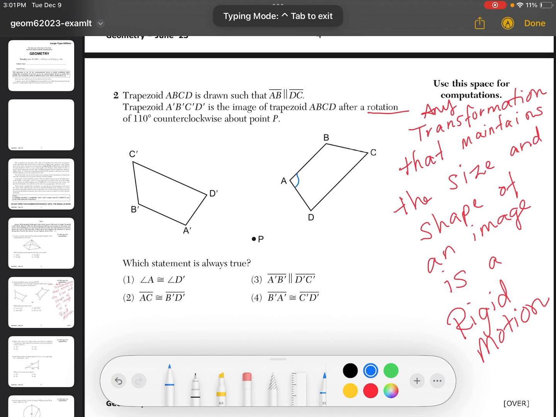I also know that A and A prime in rigid motions correlate because the size and the shape did not change. It may have moved, but that doesn't change the size and the shape.